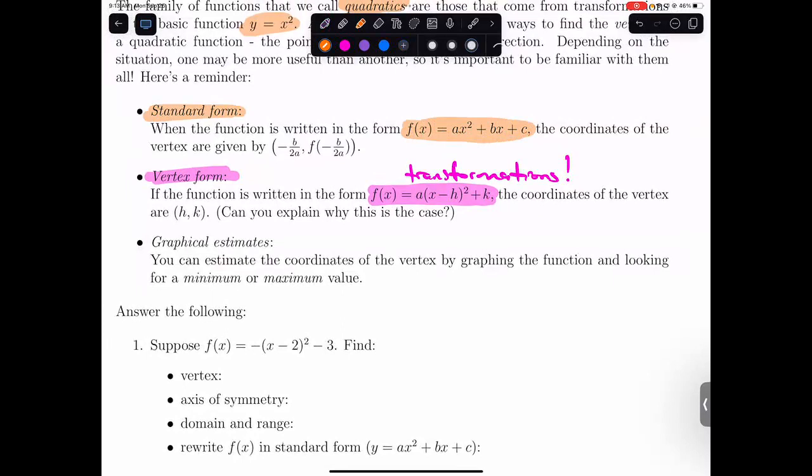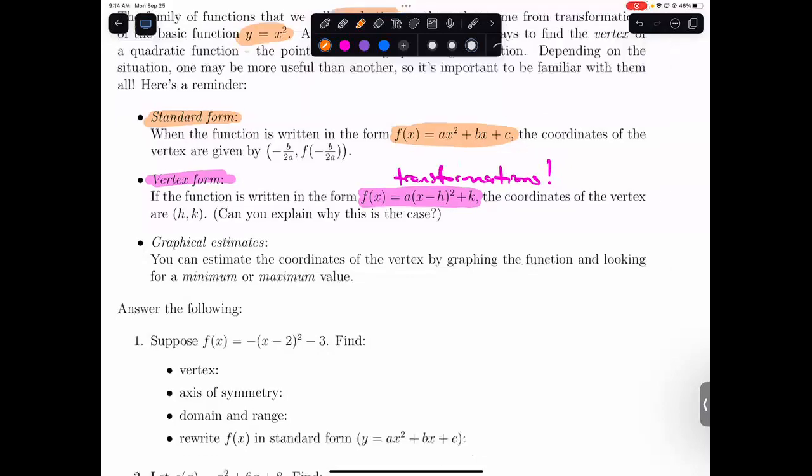You've got the square term, the linear term, and then the constant term. The vertex form is great because it tells me about the vertex, but it's a little bit clunky if I want to work with it or solve an equation or something like that. Standard form is a little bit cleaner to write down and a little bit better for working with in a lot of contexts. So that's why we have two things that we'll go back and forth between.